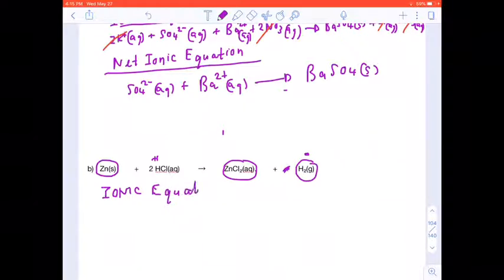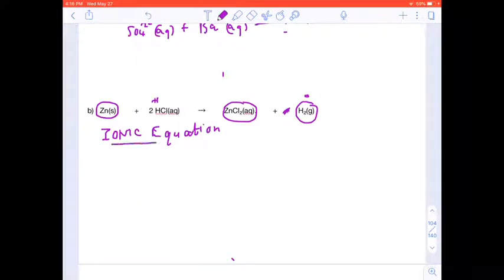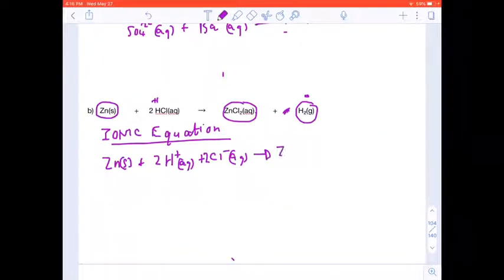Zn is the solid, HCl is our electrolyte, so it forms H plus aqueous plus Cl minus aqueous, but we know there are 2 of them, and that gives us Zn2 plus aqueous plus 2Cl minus aqueous.